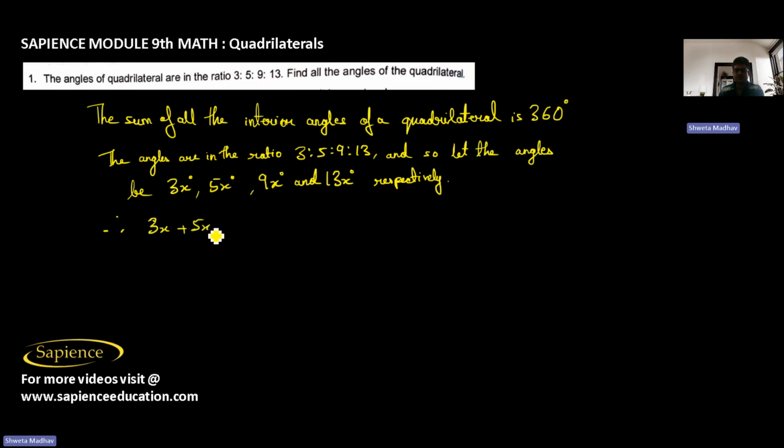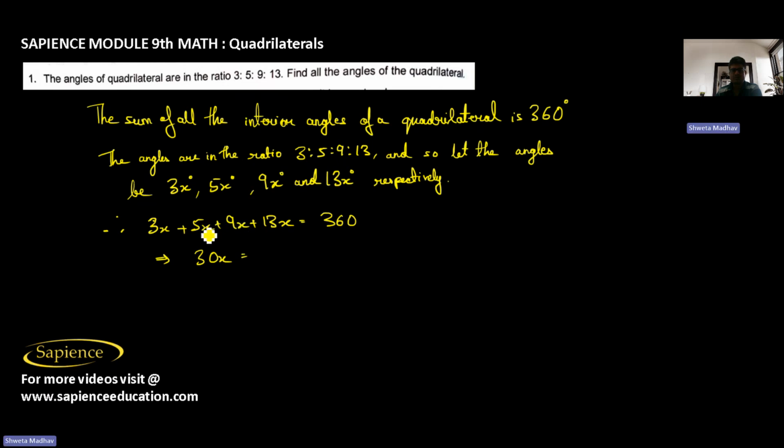So 3x plus 5x plus 9x plus 13x should be equal to 360. 3x plus 5x is 8x, plus 9x is 17x, 17x plus 13x is 30x.